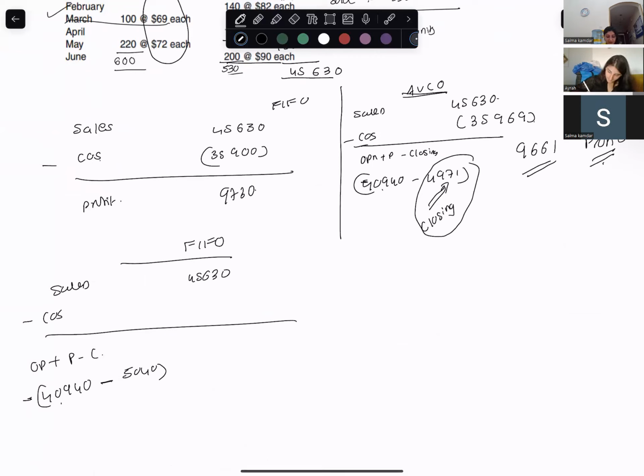So 40,940 minus 5,040 is 35,900. So 45,630 minus 35,900, so 9,730 is my profit.